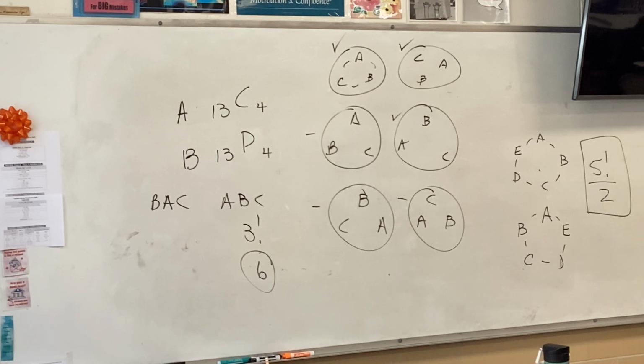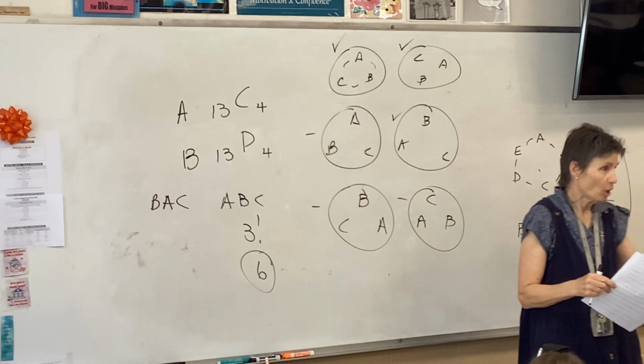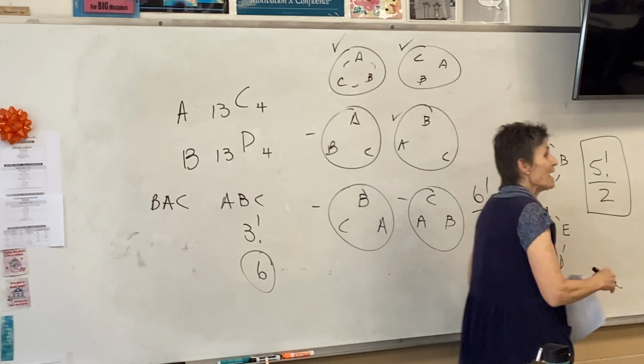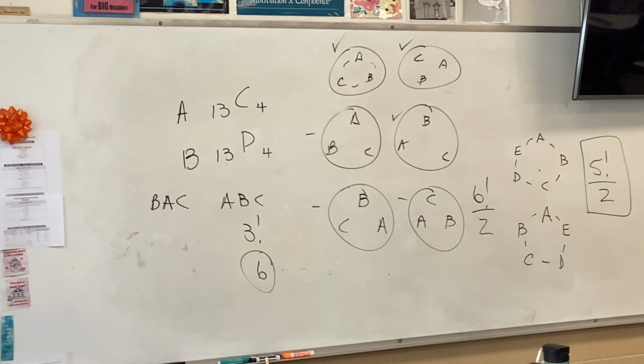Now, what is the answer to A? This is 6 factorial. It's just 6 factorial. 6 factorial over 2. Oh, 6 factorial over 2. Now, why is question A back to 6 factorial? Because it has a clasp, and I heard somebody say it over here, as soon as you put a clasp on it, then it becomes a line.